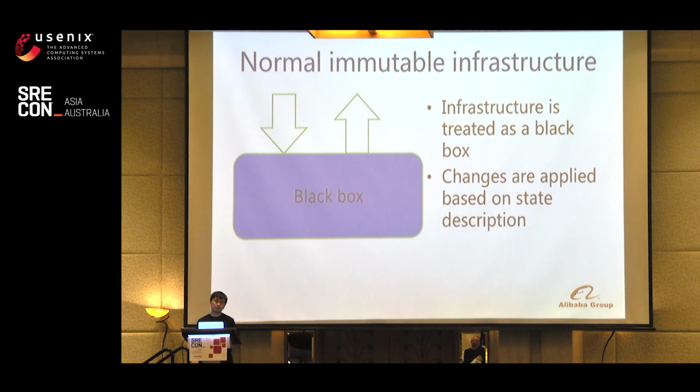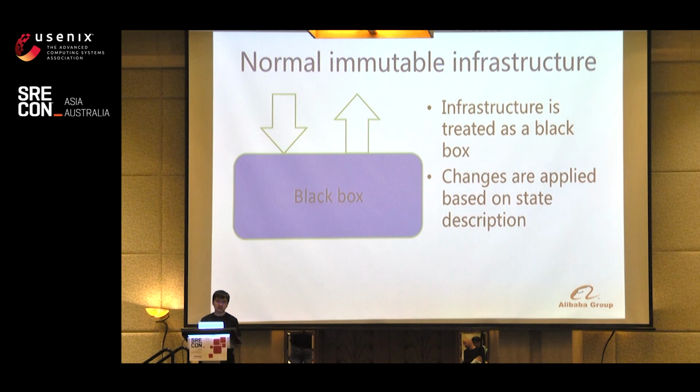Normally, in our statistics for a server, we might have hundreds of changes a week. If we put every change in the description file, it is very difficult for us to validate the changes. And it's also very difficult for us to evaluate what it will change at runtime.